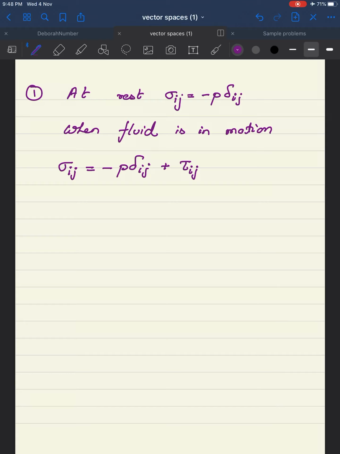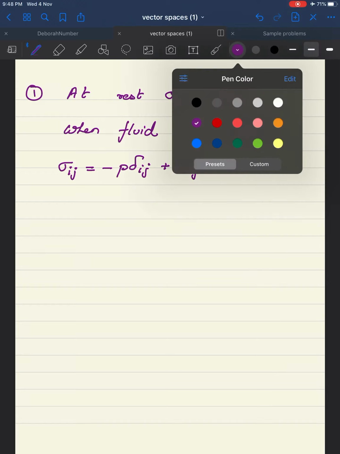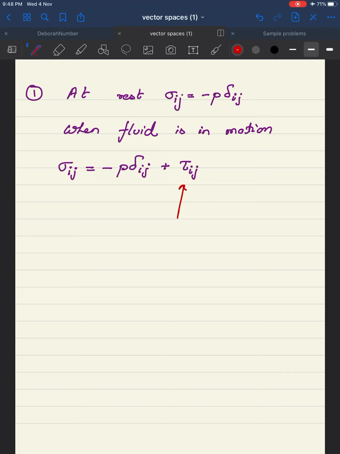When the fluid is in motion, the stress tensor would start looking like this, where this is also called the viscous stress tensor, viscous or deviatoric stress tensor.